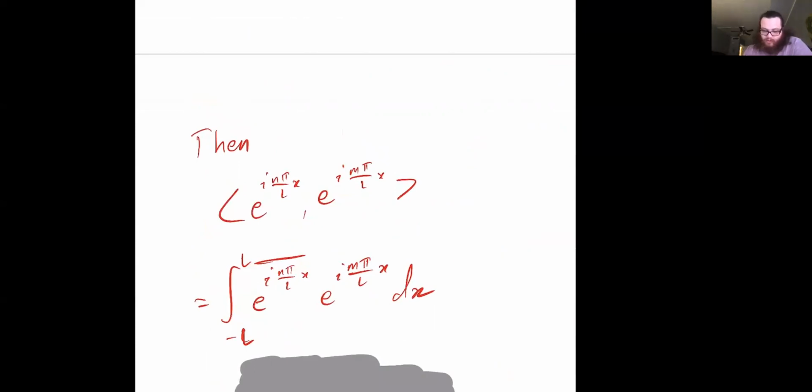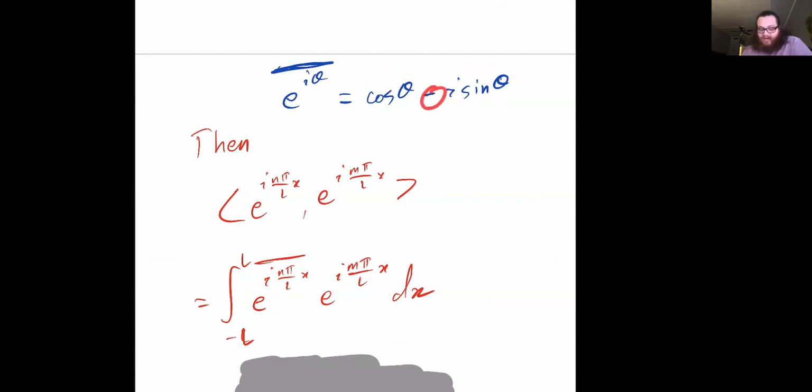Well, e to the i theta is equal to cosine of theta plus i sine of theta. So take the complex conjugate of that. What's going to change? Cosine is real, so it's not going to change. Sine right here is real, so not going to change. So this becomes minus i sine theta.